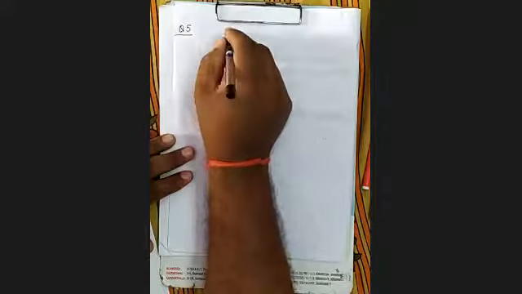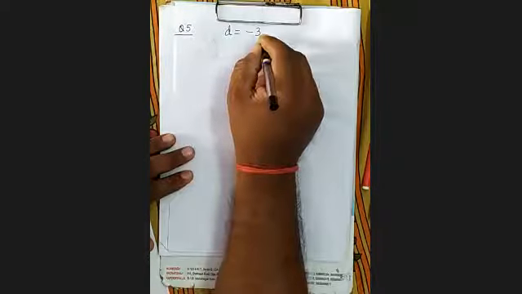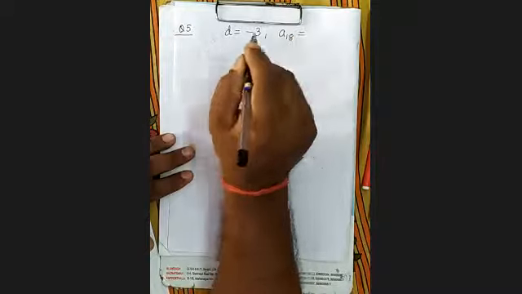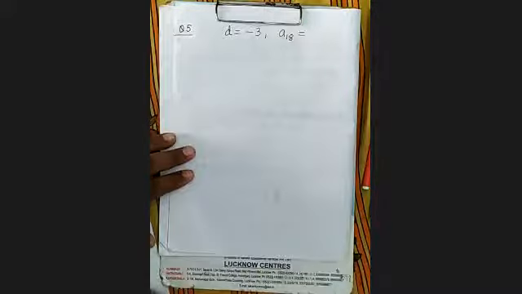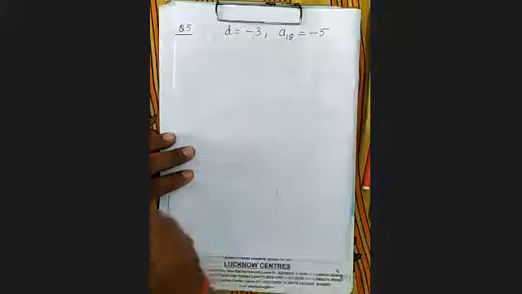If the common difference of an AP D equals -3 and the 18th term, that is A18, you will write everything in form of symbol. So D equals -3 and 18th term is -5.